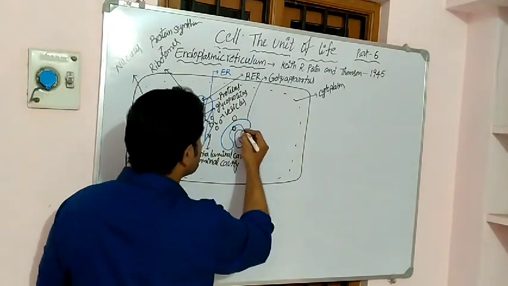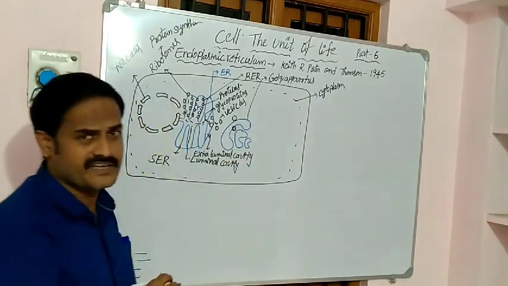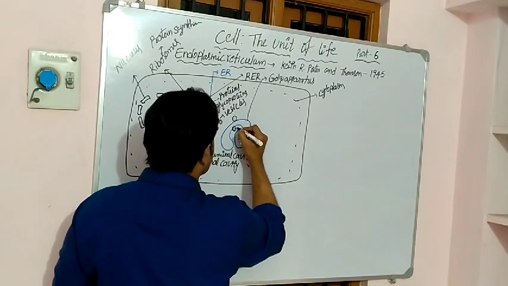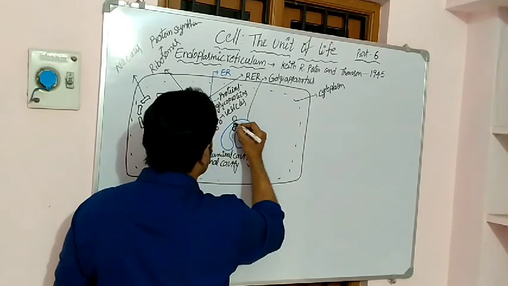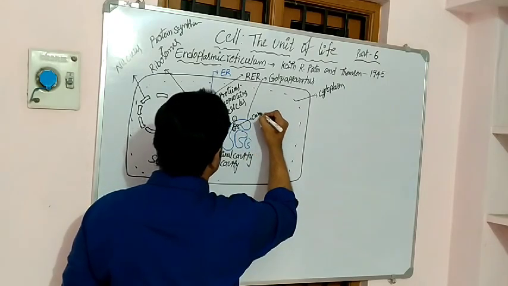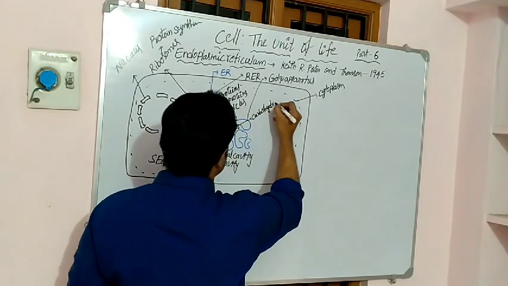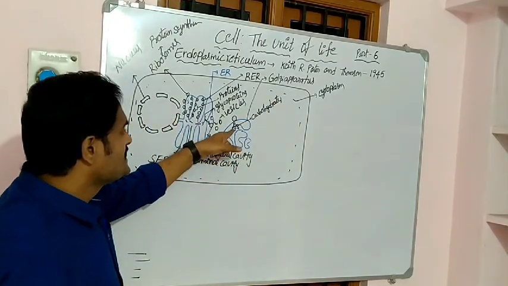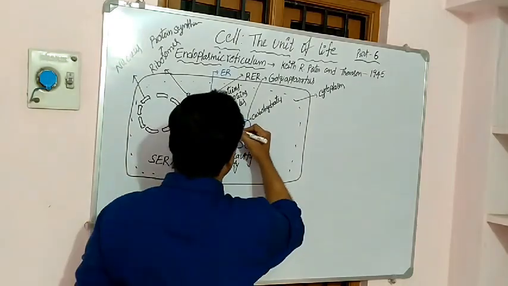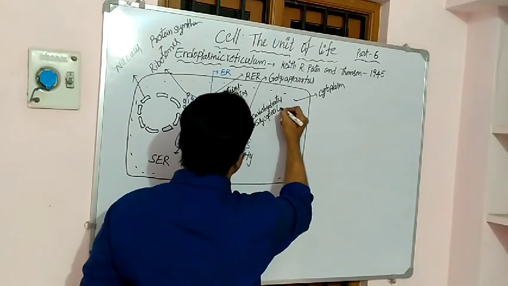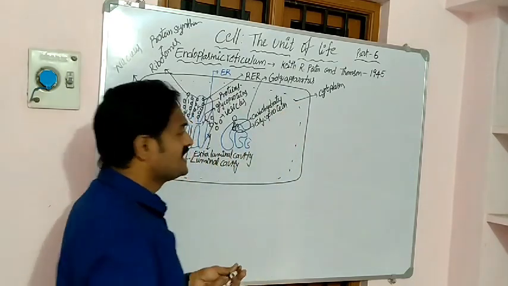How does protein modification occur here? Suppose this is one protein which is attached to some kind of carbohydrates. Suppose these are the carbohydrates. When carbohydrates are attached to the protein, it is converted into glycoprotein.